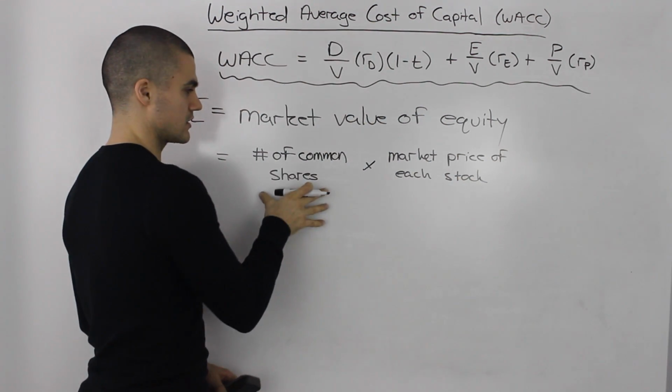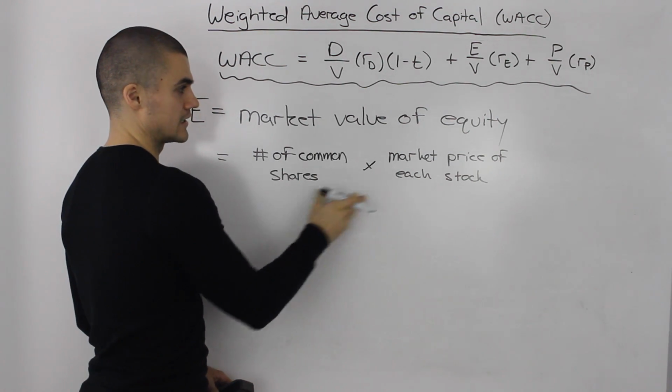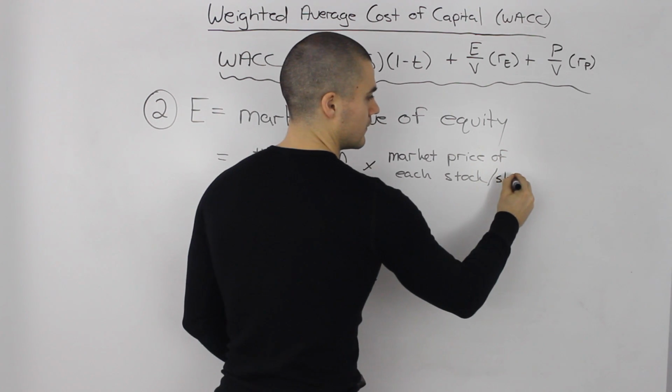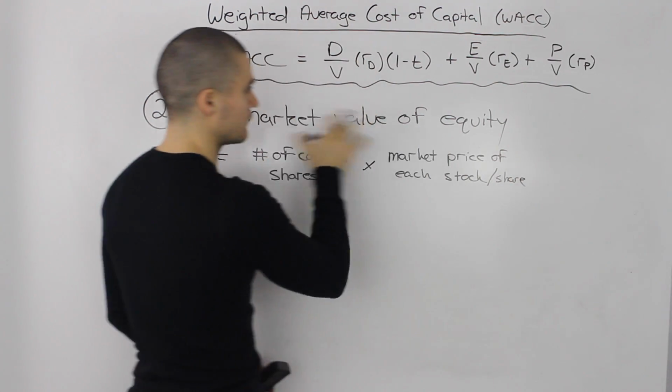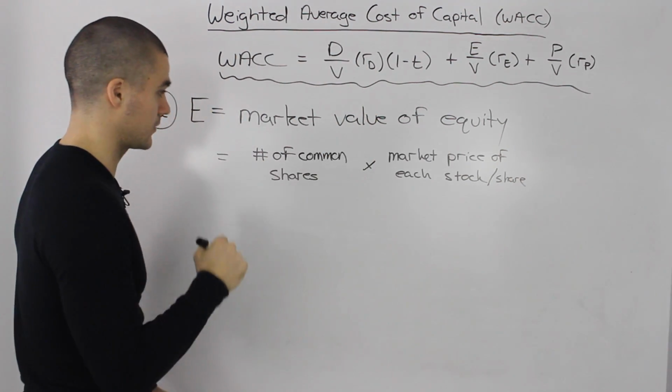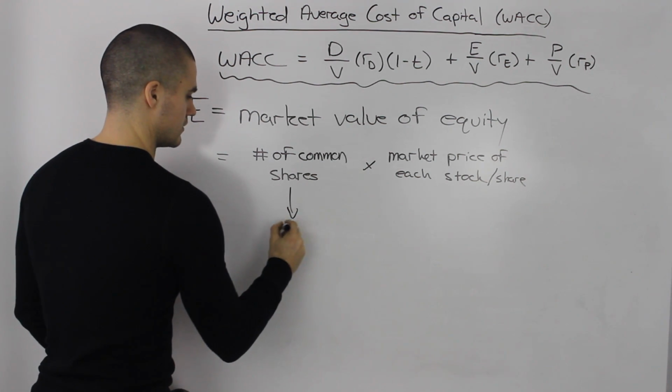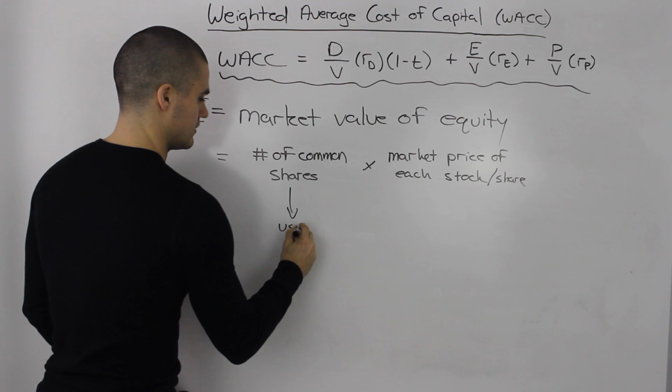Makes sense, right? The number of shares that they have issued times the market price of each stock or share. And that will give you the market value of the equity. Now, usually this is usually given.